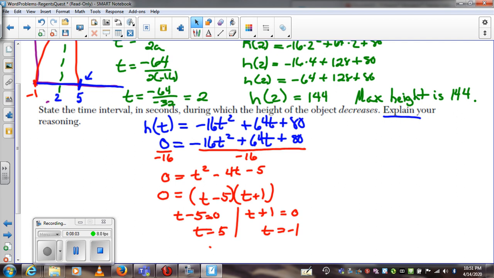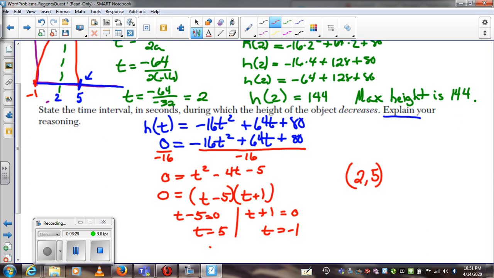What I want is the interval, and if you remember, we can do interval notation. So it starts decreasing at 2 seconds, and it goes to, whoops, I made a quick mistake, because when we're talking about increasing, decreasing, we don't do inclusive. So it goes from 2 to 5, soft bracket, soft bracket.